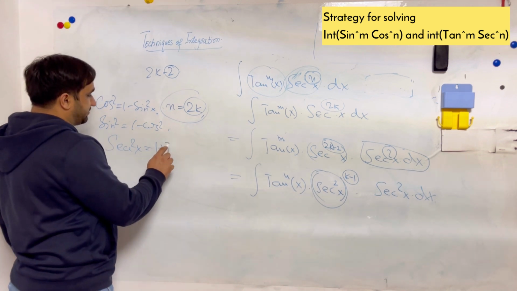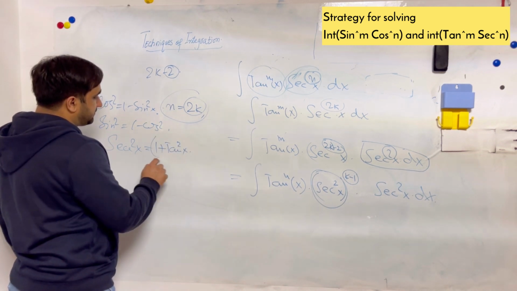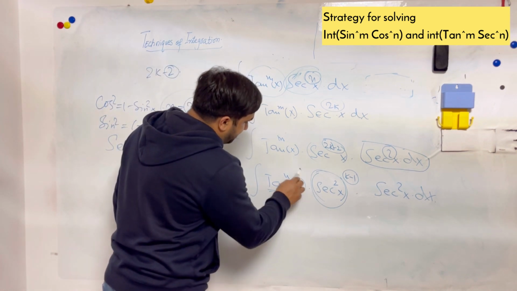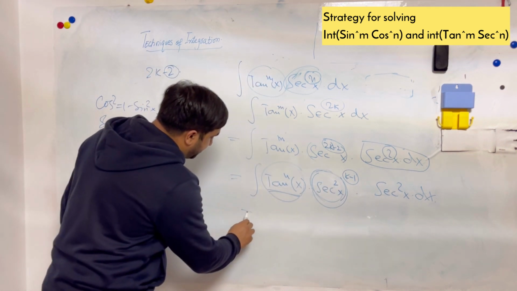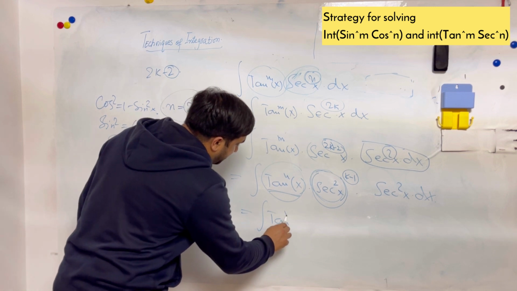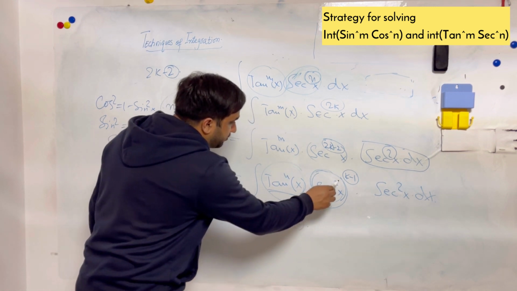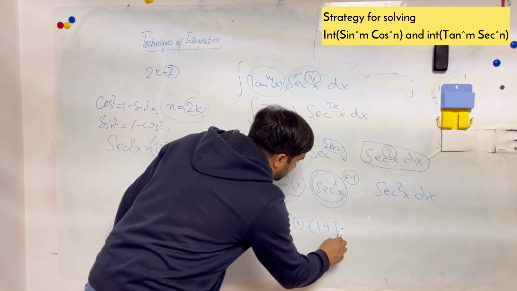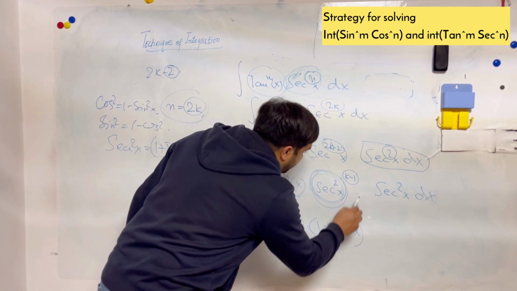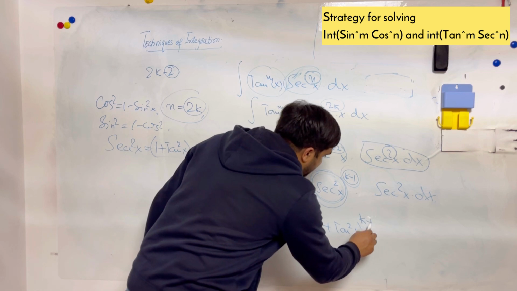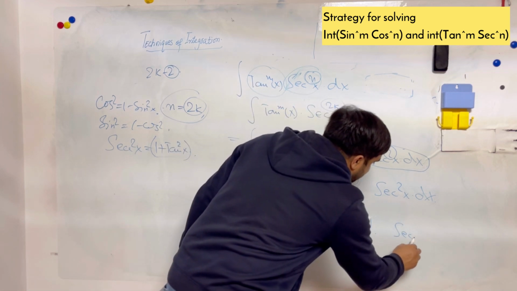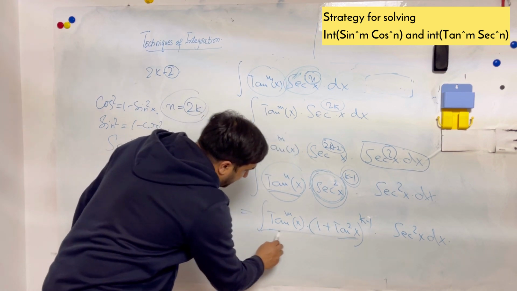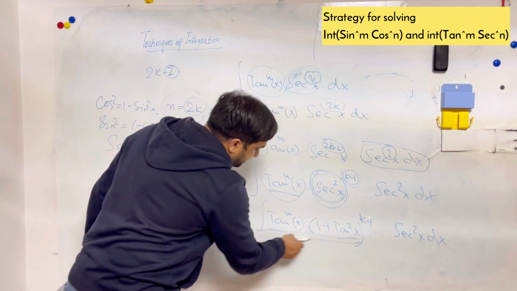One plus tan square. So now we are making everything in terms of tan. So it will become tan raised to the power m x, and secant square, I know it is equal to 1 plus tan square. So it will become 1 plus tan square x raised to the power k minus 1, into one secant square x dx. So now I have these terms in terms of tan.